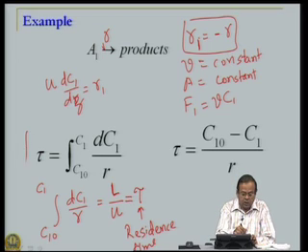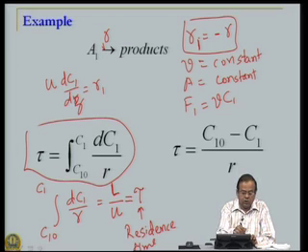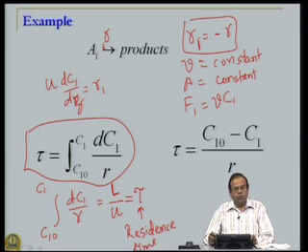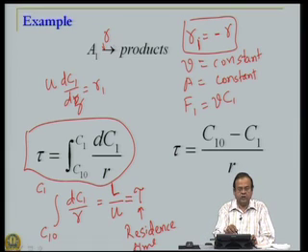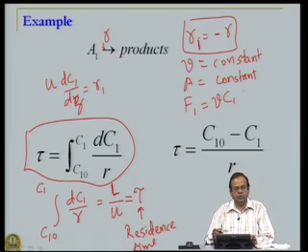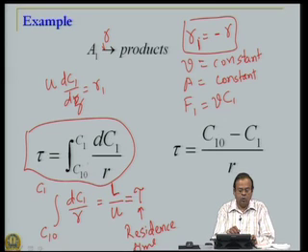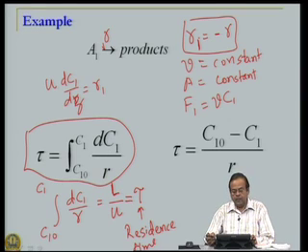So, we get our mass balance equation for a plug flow reactor, for this reaction A1 going to products under these simplifying assumptions, as tau equal to the integral of 1 over R dC1, with limits being C10 to C1.